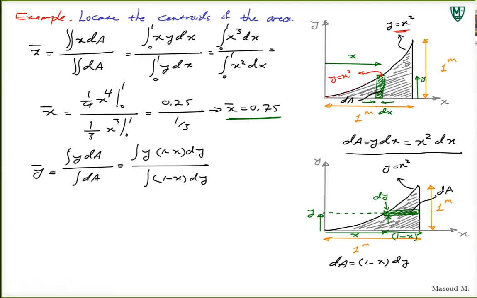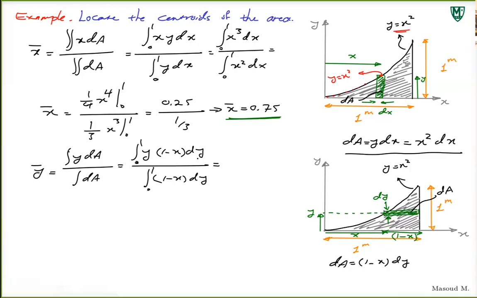So y goes from whatever it is at the beginning to whatever it is at the end, from 0 to 1. Just remember, this 0 to 1 is different from the previous 0 to 1. Previously, when we calculated x bar, 0 to 1 was how x changes. This one is how y changes. But in this example, x and y both change from 0 to 1.